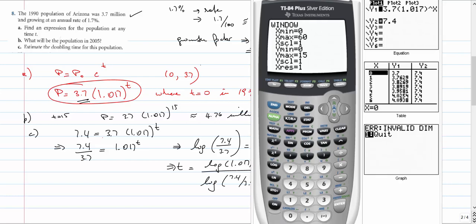Since the doubling is 7.4, I'm going to go above a little bit, and then graph.